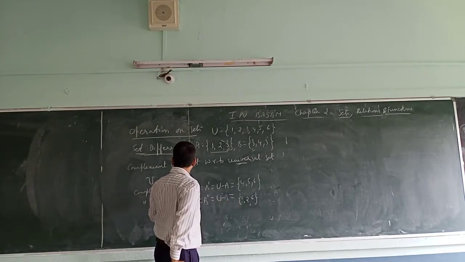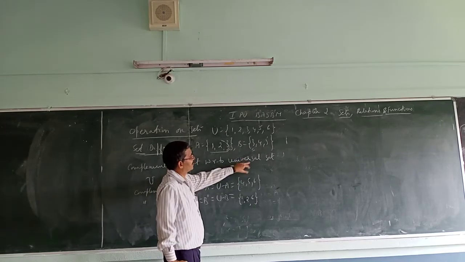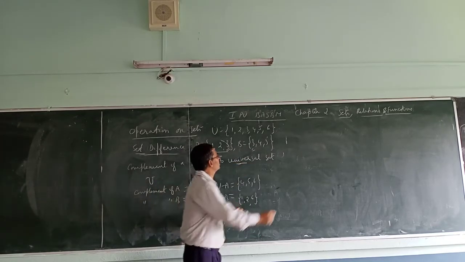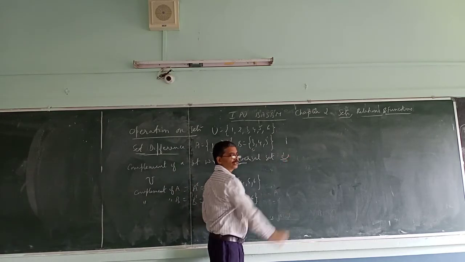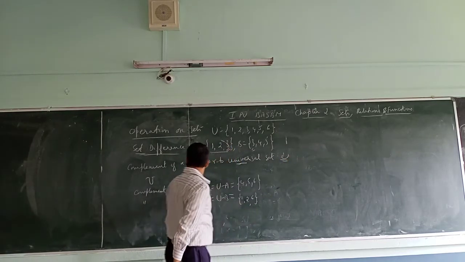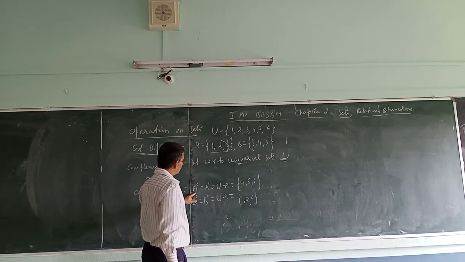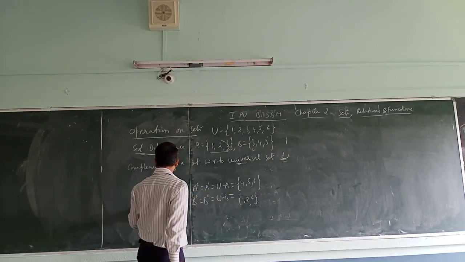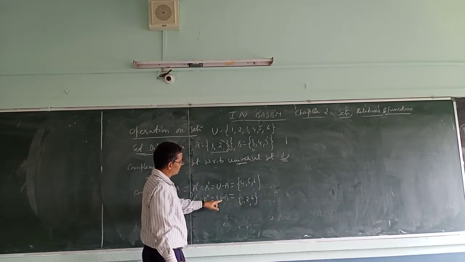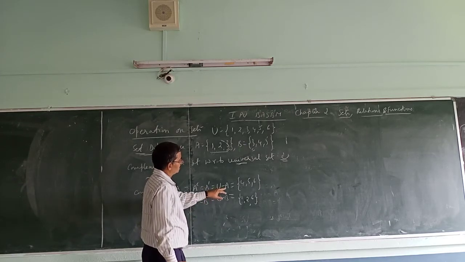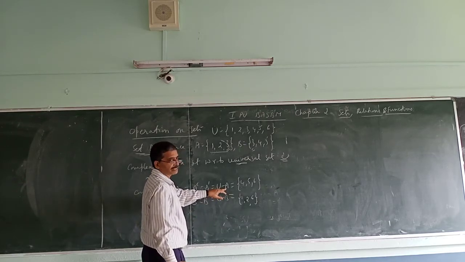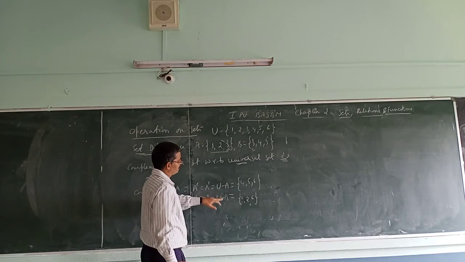When I say complement of A, it means complement of A with respect to the universal set U. So complement of A is U minus A, and complement of B is U minus B. So remove all the elements of A from U; similarly, U minus B means remove all the elements of B from U.